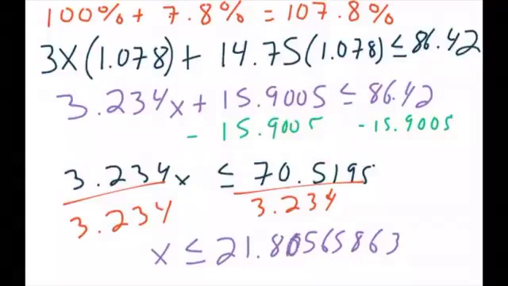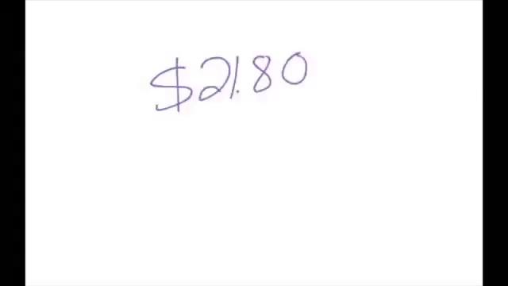So the most that Jeff can spend is, if I look here, $21.80. So my solution for number 8 is $21.80 or less. That's what Jeff can spend on a shirt.